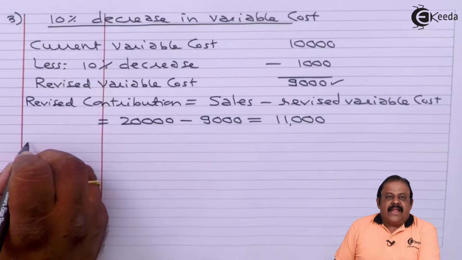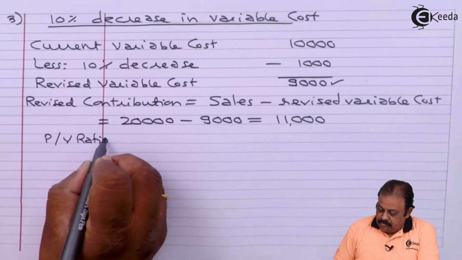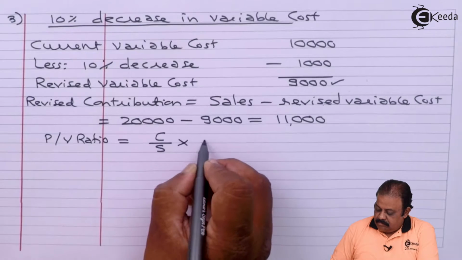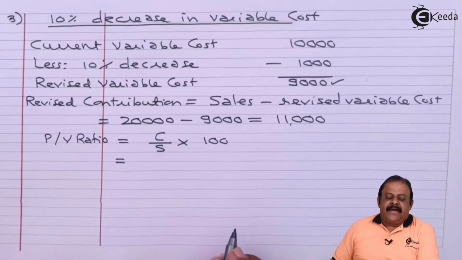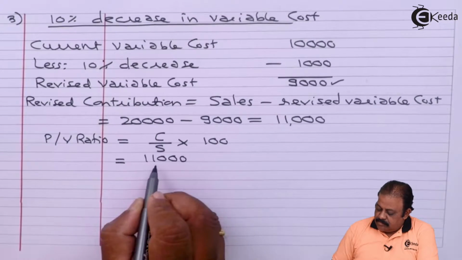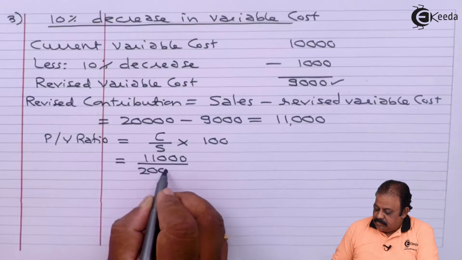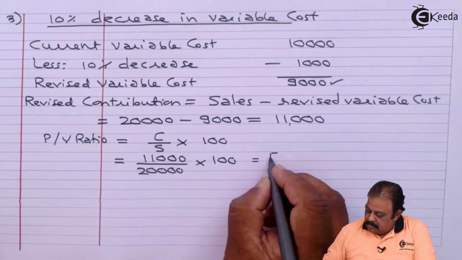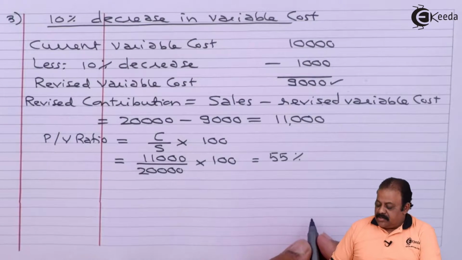With the help of this, we will calculate PV ratio. Contribution upon sales multiplied by 100. Contribution is 11,000. Sales is rupees 20,000. So revised PV ratio is 55%.